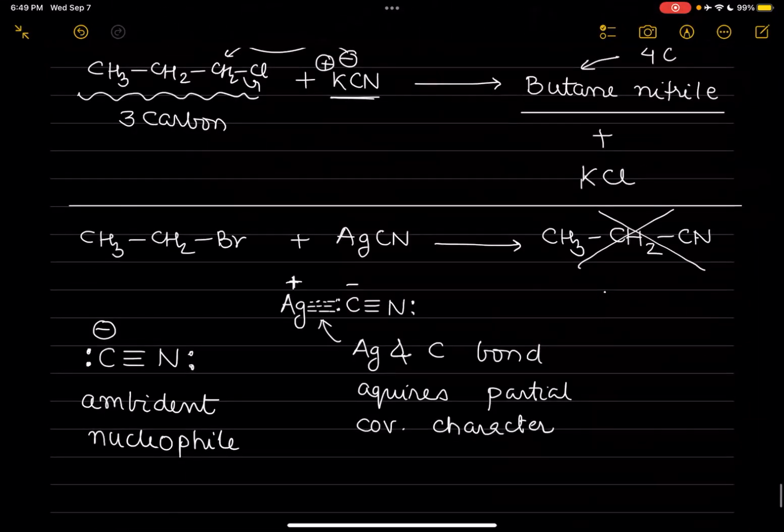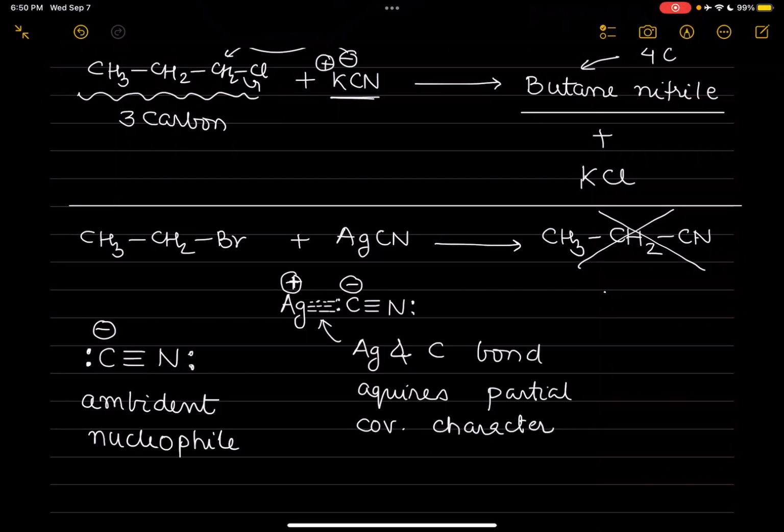But in this case, the CN minus is actually occupied. It is participating in the bond formation with Ag plus, and because of this, the carbon is now not free. It can't attack. But that doesn't mean the CN minus can't attack. The CN minus can still attack, but from the other side.